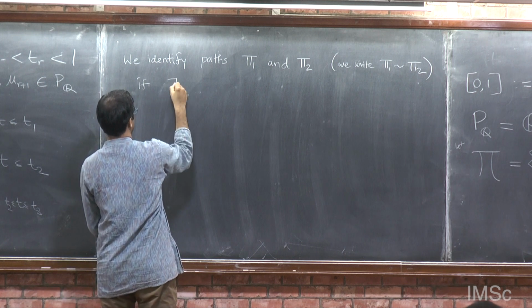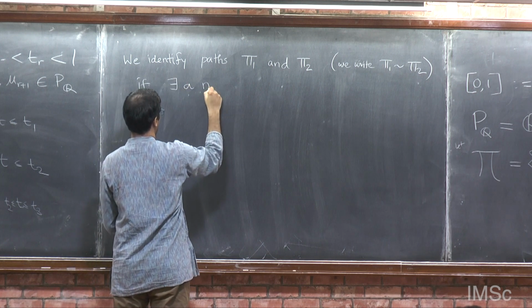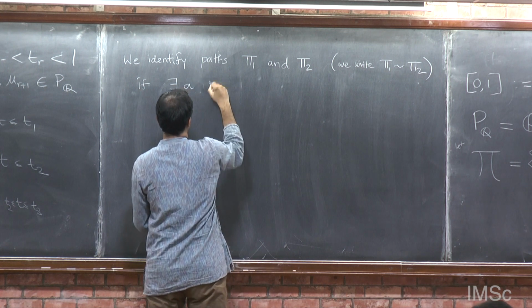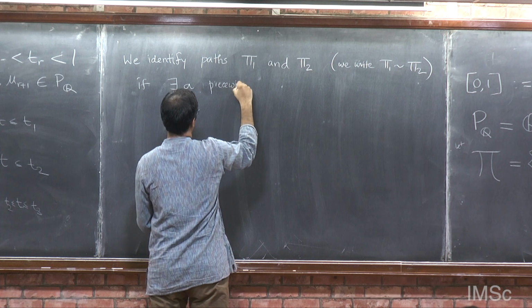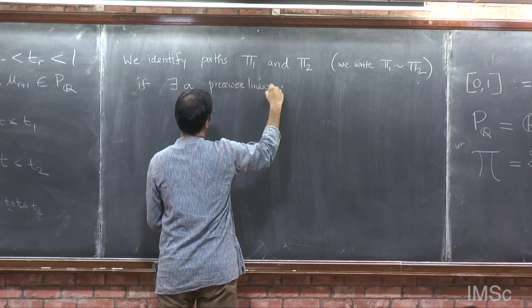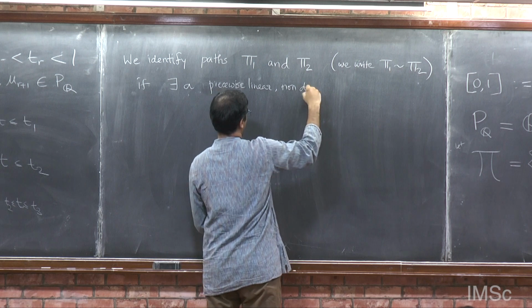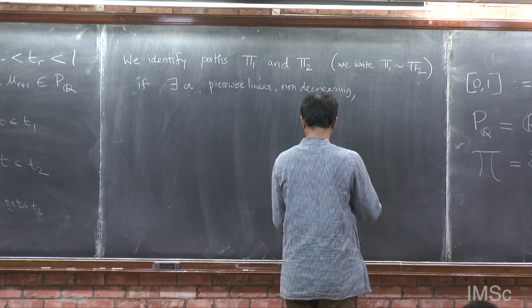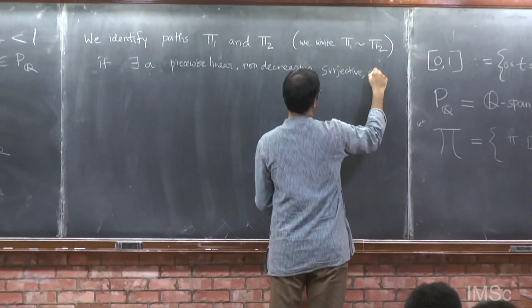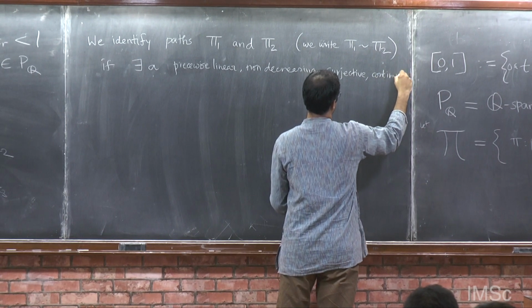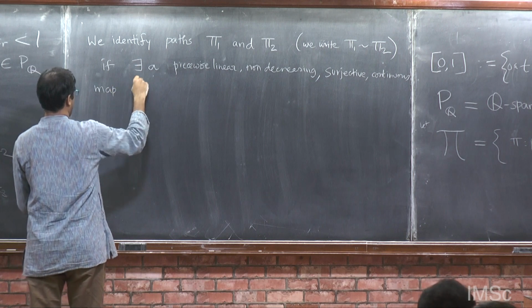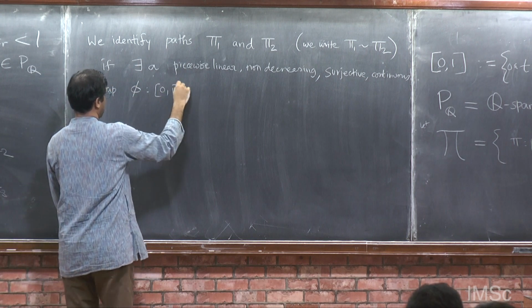So if there exists, let me write all the adjectives, a piecewise linear, non-decreasing, surjective, continuous map phi from 0, 1 to itself.